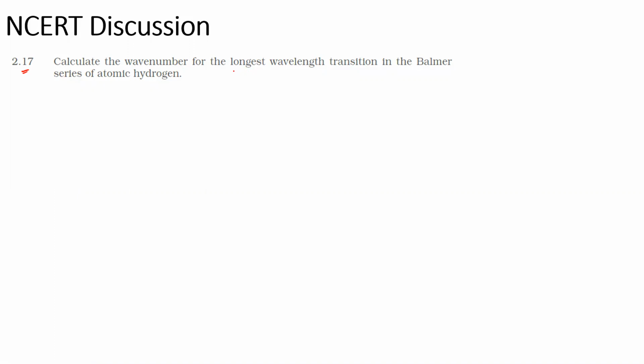Now, what do we infer from longest wavelength? So we know that for electromagnetic radiation, C equals lambda into frequency, so frequency equals C by lambda.